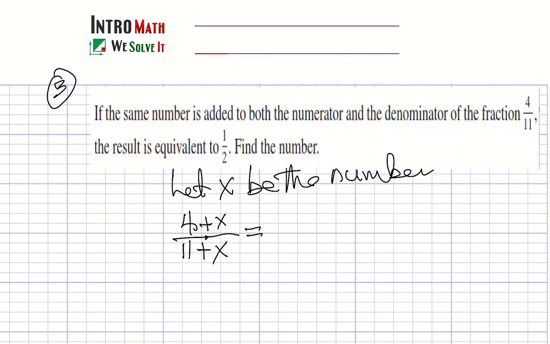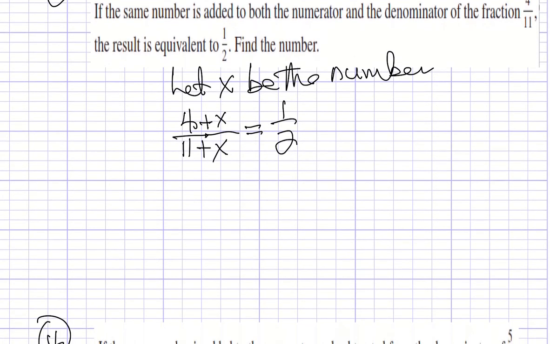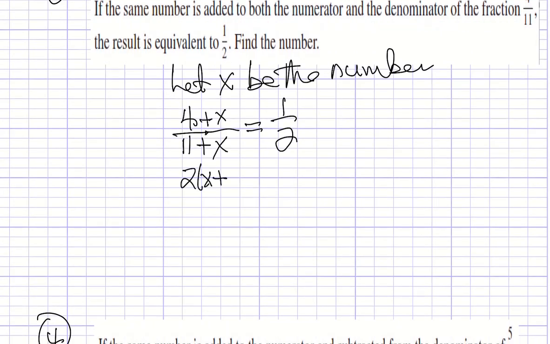The result is equivalent to half. Okay, so we'll solve. Cross multiply. You get 2 times 4 plus x, I'm sorry, I'm going too fast, man, I gotta slow down, equals 11 plus x, because when you multiply by 1 it changes nothing.